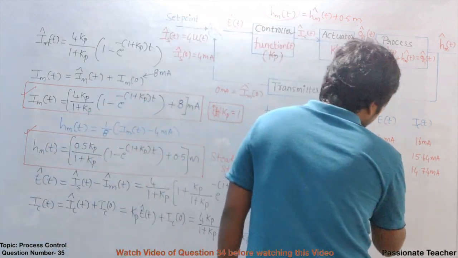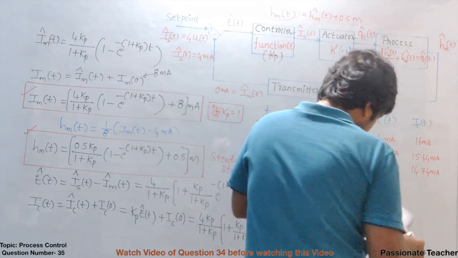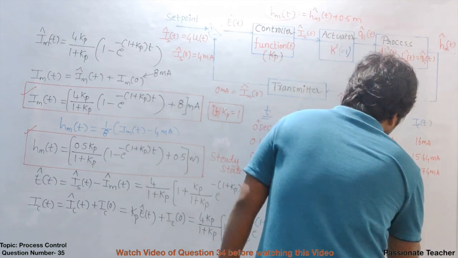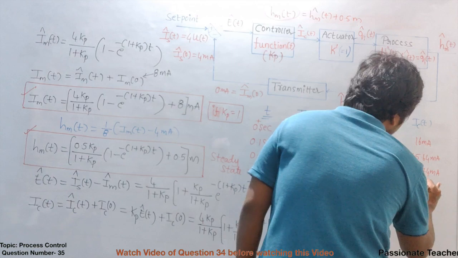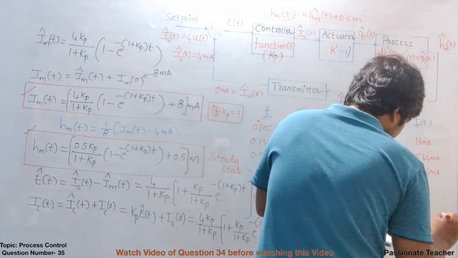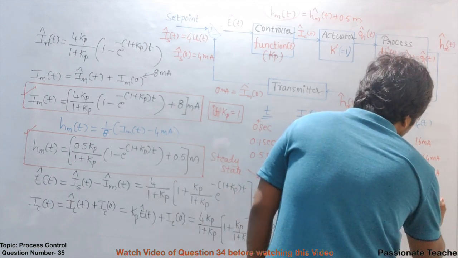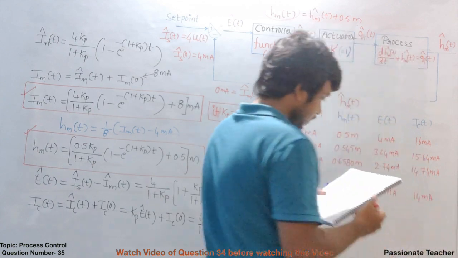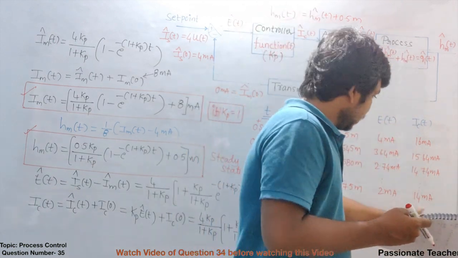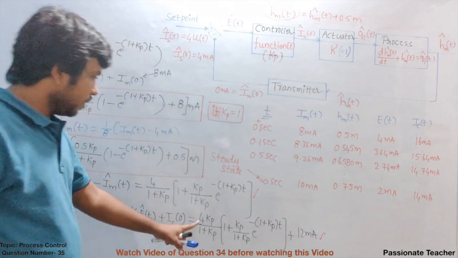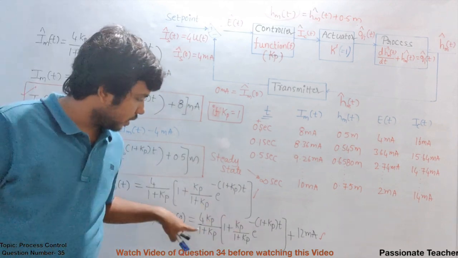Now what about this one? Here it continues, and it is going to become 2 milliampere, and here the controller current is going to come to 14 milliampere, if you substitute t equal to infinity in this expression altogether.